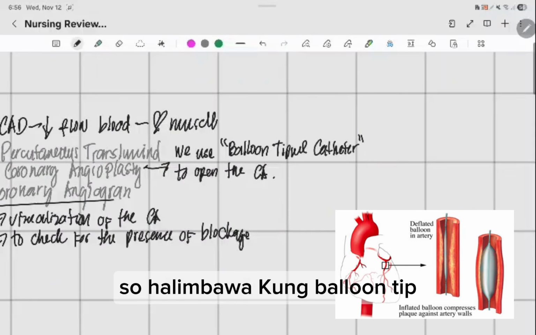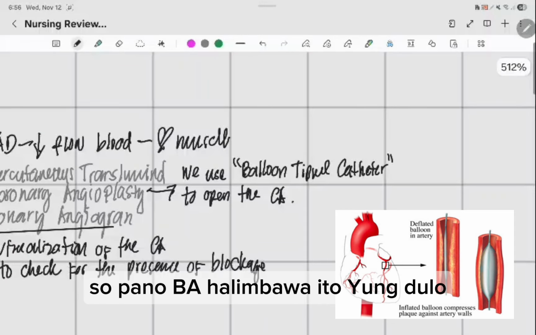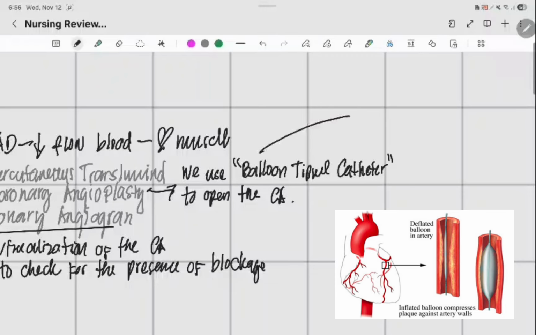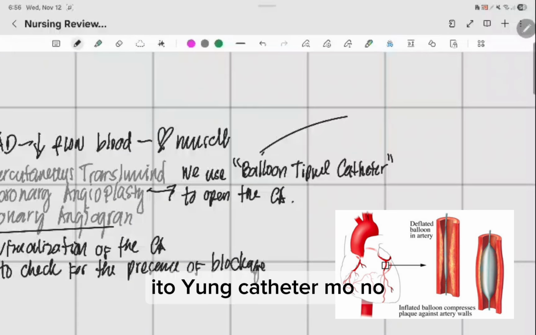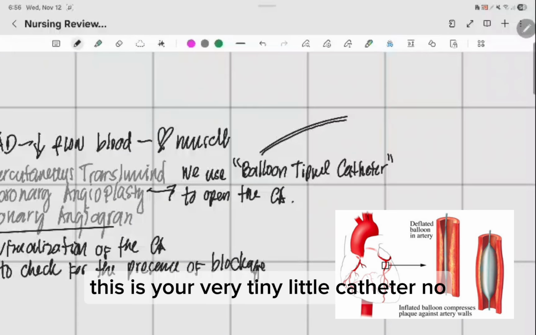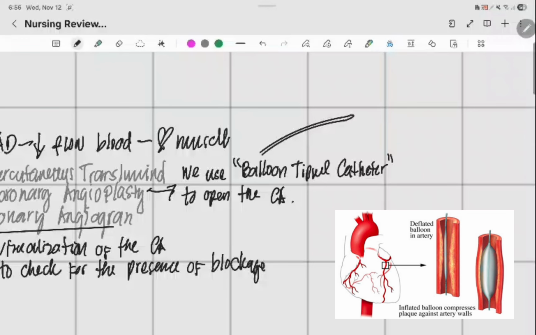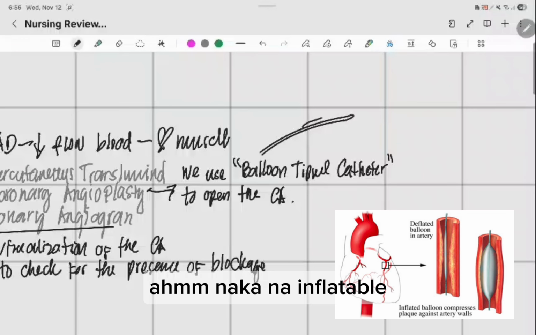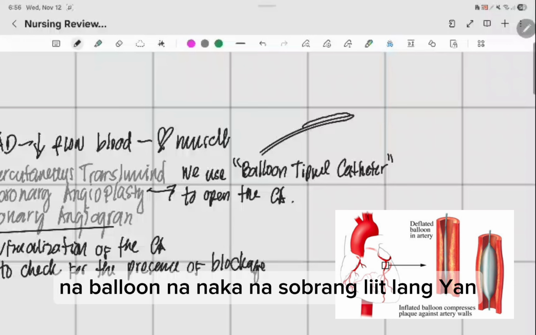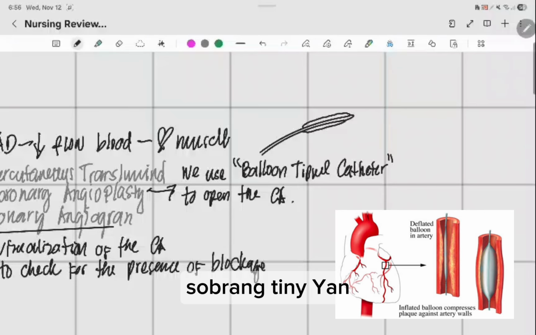So halimbawa kung balloon tip, ito yung dulo, ito yung catheter mo. This is your very tiny little catheter, no? So ganyan, ito na yung dulo ng catheter natin. So meron yan ditong inflatable na balloon na sobrang liit lang, sobrang tiny yan.